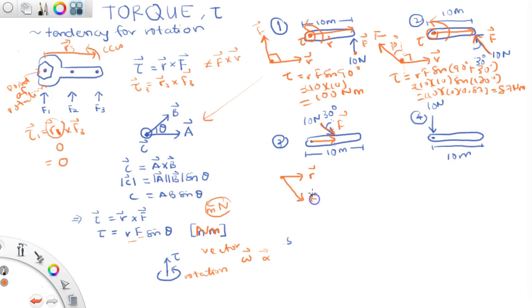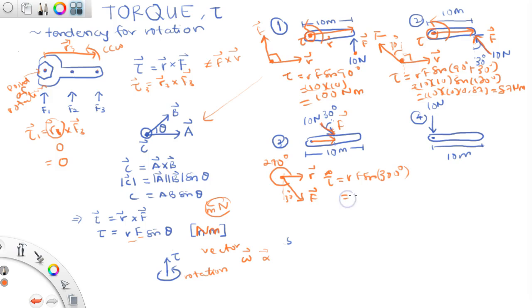This is F. The angle between R and F is in this direction. Here this is 30 degrees, and this is 270, I think, if I'm not wrong. So the torque is also equal to R F sine of 270 plus 30, which is 300.